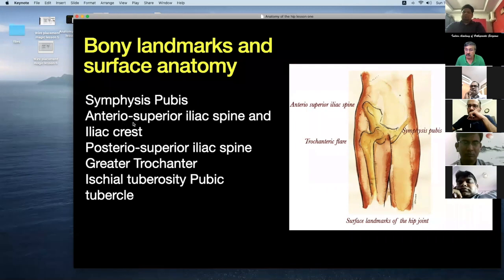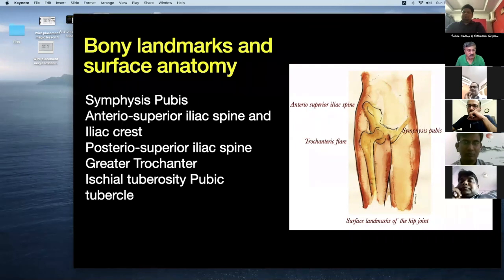The first three will be easily identifiable in slim as well as bulky or obese patients. However, certain landmarks may be obliterated by the patient's bulk and girth.